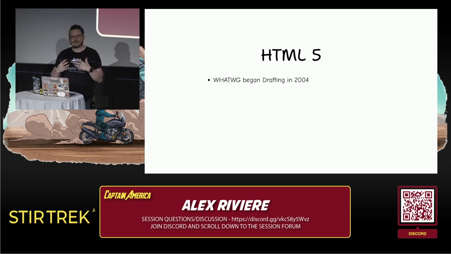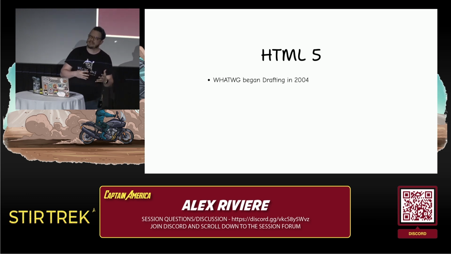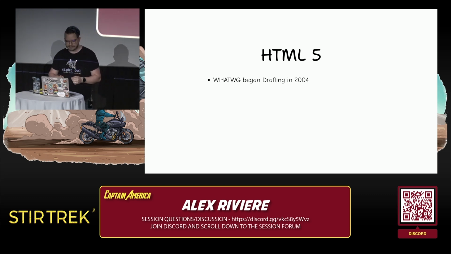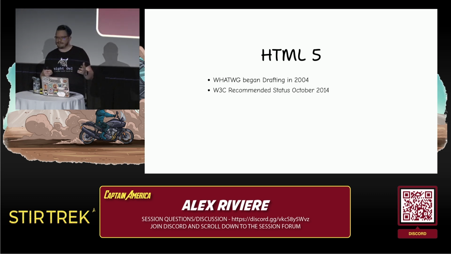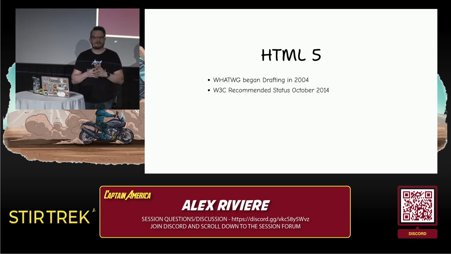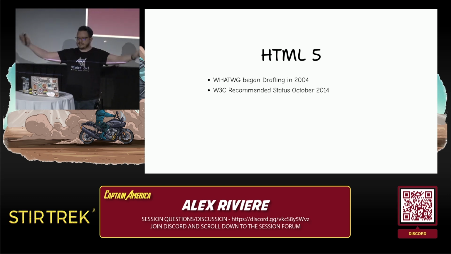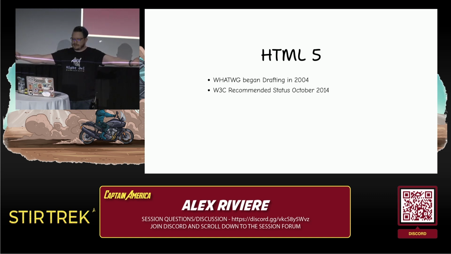There was a bit of controversy at the time between WHATWG and W3C because some people wanted XHTML. So at some point they reconciled. W3C saw their ways, and the HTML5 standard reached recommended status in 2014.